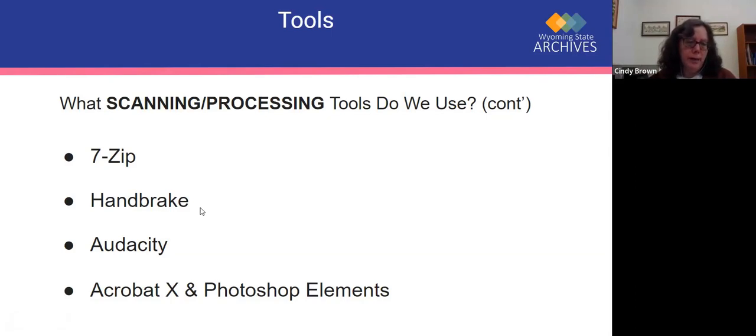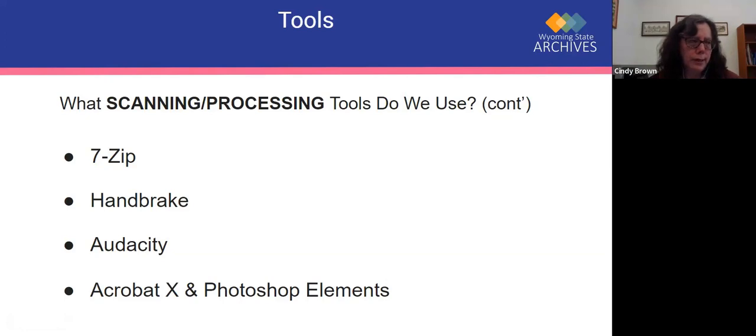Handbrake. I use that for, again, Handbrake is an open source downloadable tool. It can be used to convert a large variety of video formats to archival long-term formats. It's good. I used it for many years.